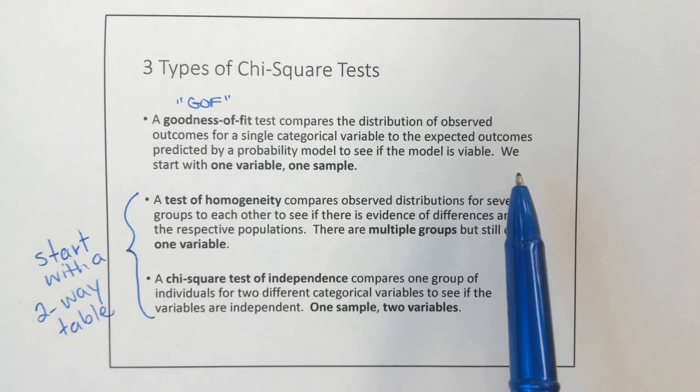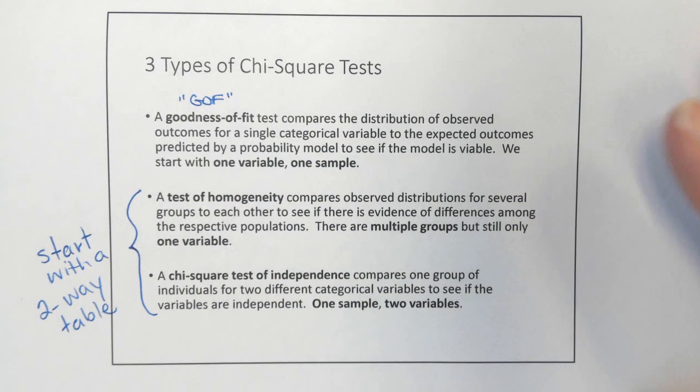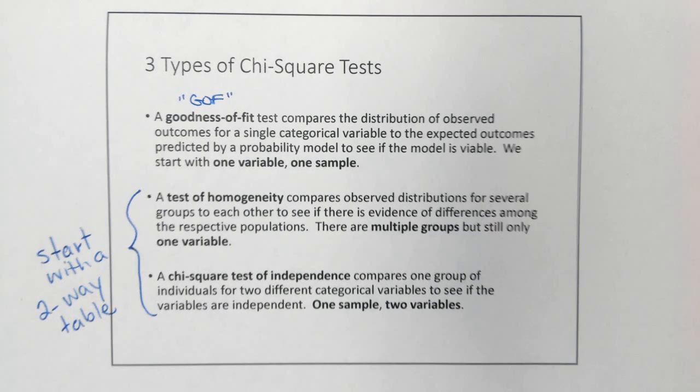So we see if what we observe looks like what we expected to see, and the more different the observations are from the expectations, the more likely we're going to be to reject a hypothesis. So we start with one variable, one sample. With goodness of fit, you have one variable, like M&M color, and one sample to test against some probability model, some norm, some hypothesized set of values.